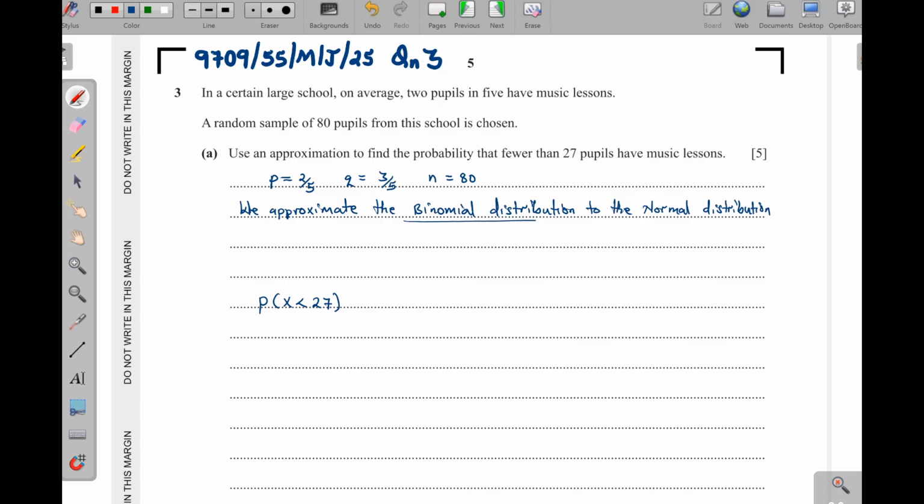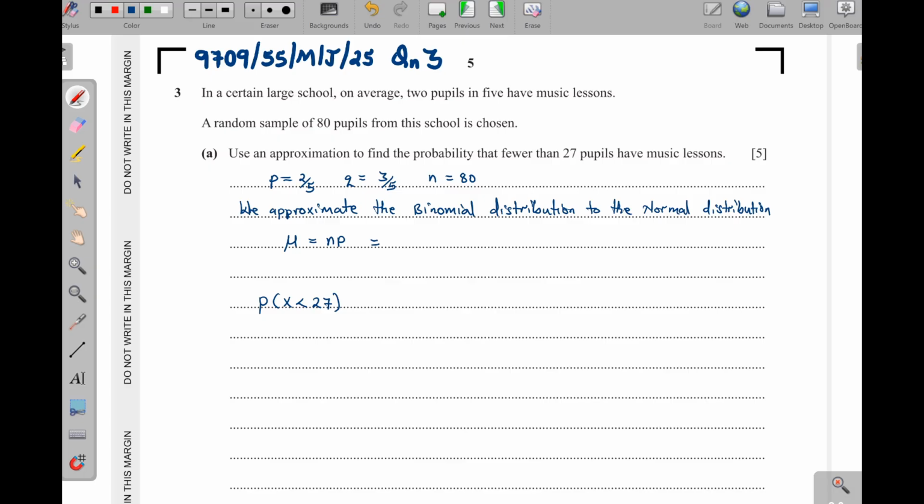When we approximate the binomial distribution to the normal, we need 2 things here. Number 1 is to find the mean and then the standard deviation. So the mean is equal to NP, because you need mean and standard deviation when you are calculating in normal distribution, okay?